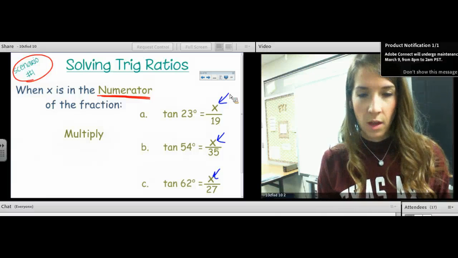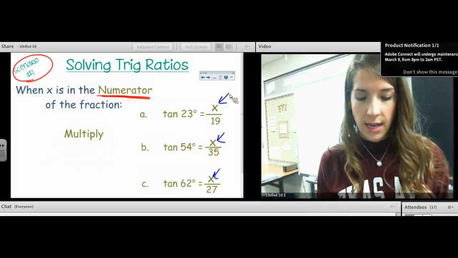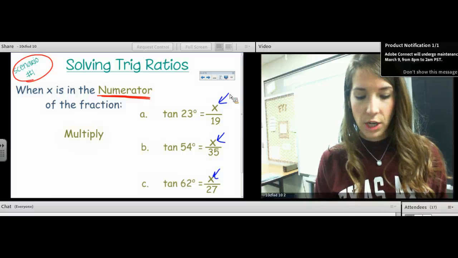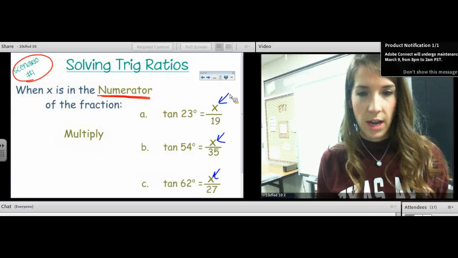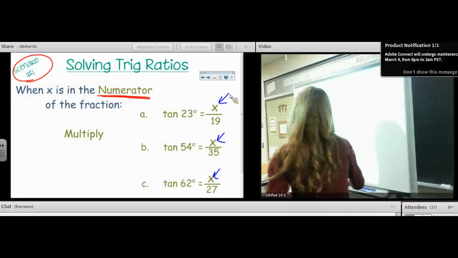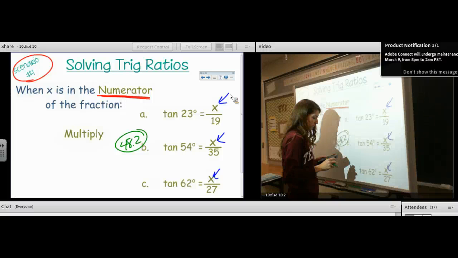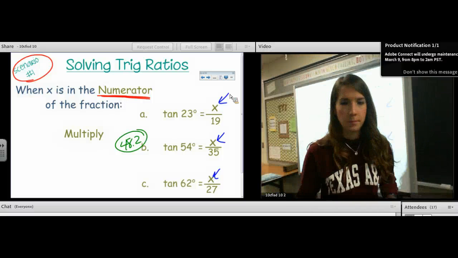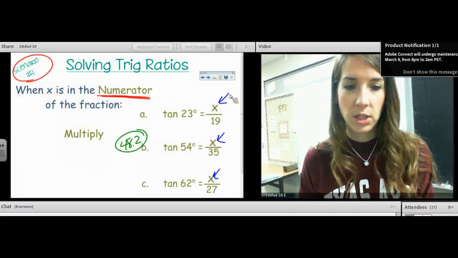Tawny, tell me what x equals for A. Helaman, do B, and Minjung, do C. Type it in as soon as you get it. 48.2. Tahani and Minjung.